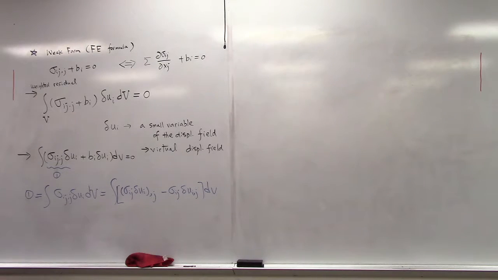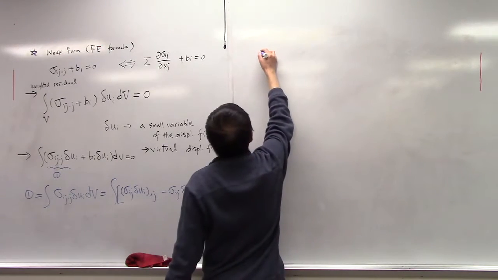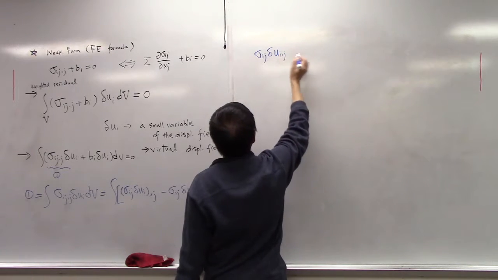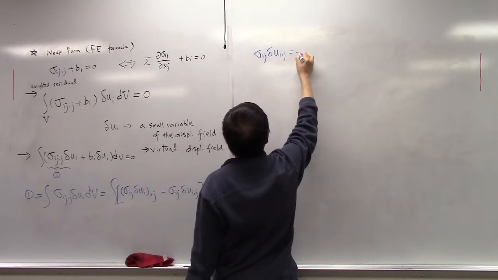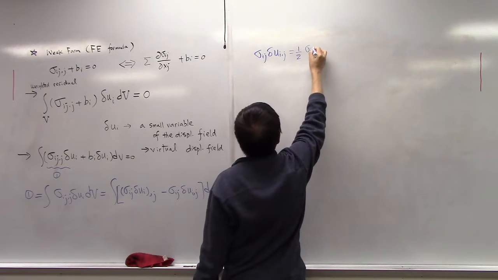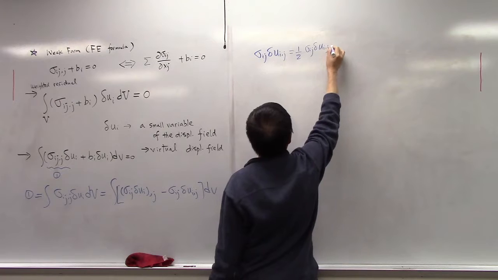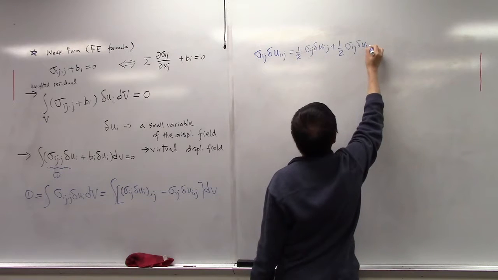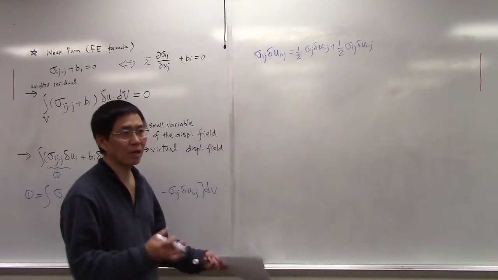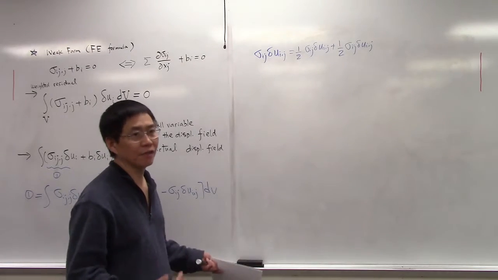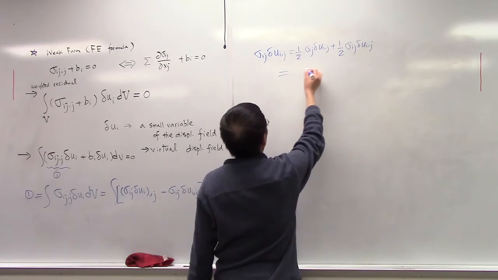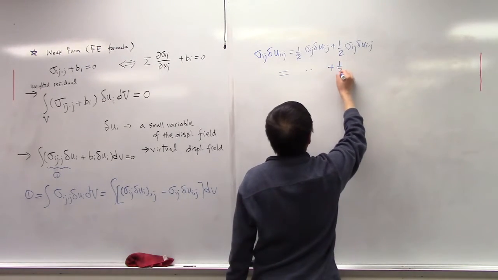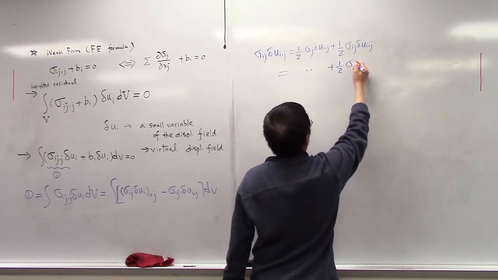And now, let's look at this one. Sigma ij delta ui comma j. Let me write it as half sigma ij delta ui comma j, plus half sigma ij delta ui comma j. Of course, that's okay. One thing is equal to half plus half of itself, right? But then, the first term I will keep. The second term, I'm going to do something. I'm going to change these two indices.